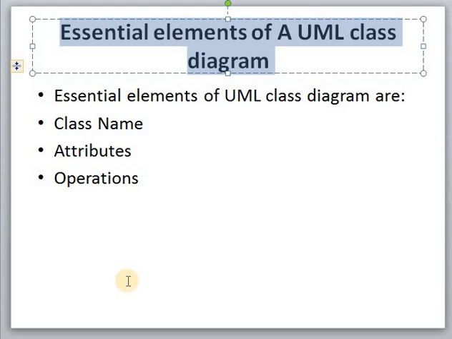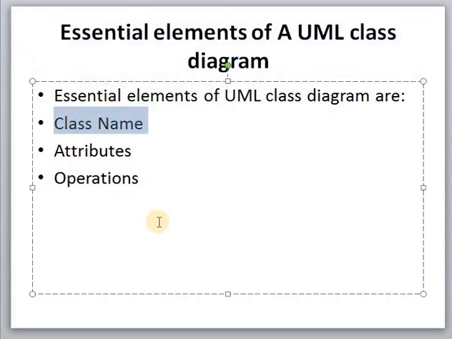Now we will see what the essential elements of a UML class diagram are. The essential elements are: number 1, the class name; number 2, the attributes; and number 3, the operations. A class in a UML diagram is represented by a rectangle with 3 partitions.